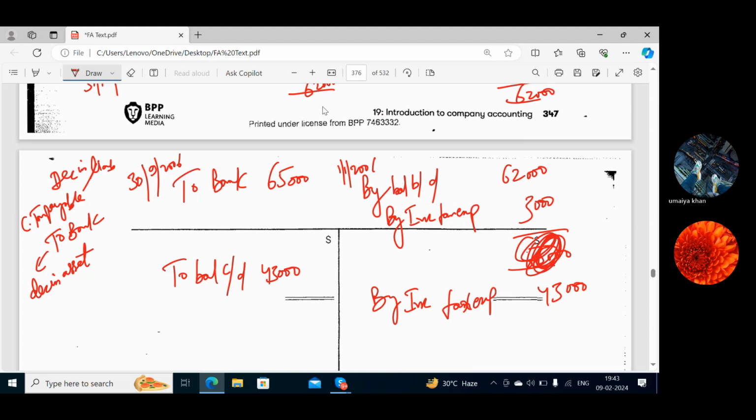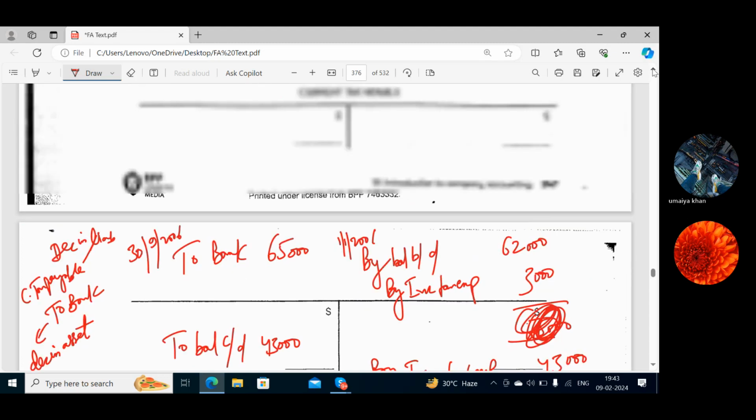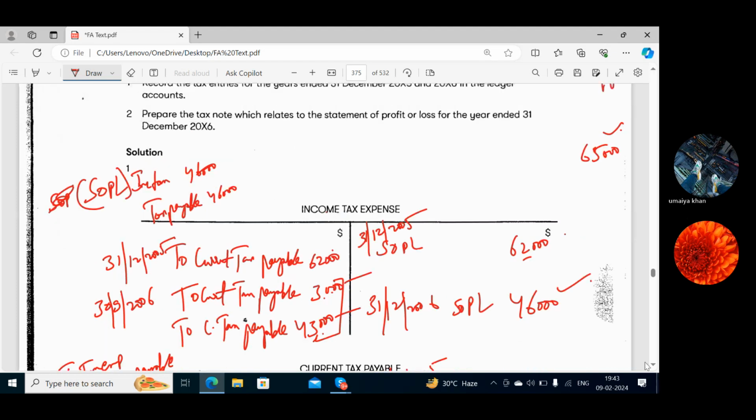Okay, and then totally we have a balance of 1,08,000, and here 1,08,000, and next year by balance brought down we will start with 43,000. Okay, this is what is the total treatment. So this is what, once you can check it, Umayya, if any doubts you can tell me, we'll move forward. I'm waiting.